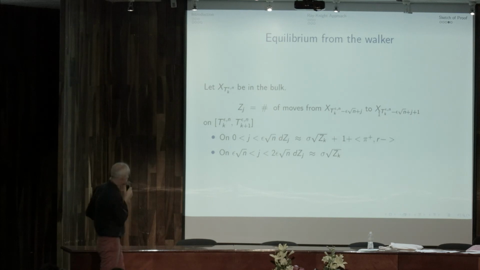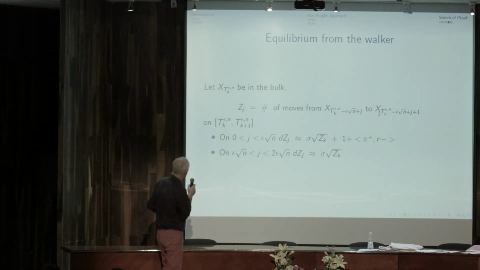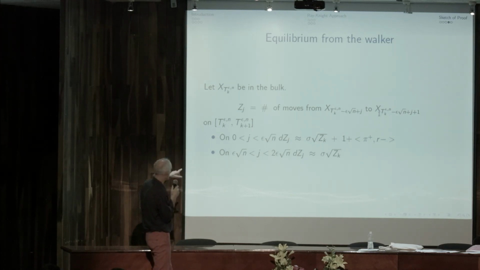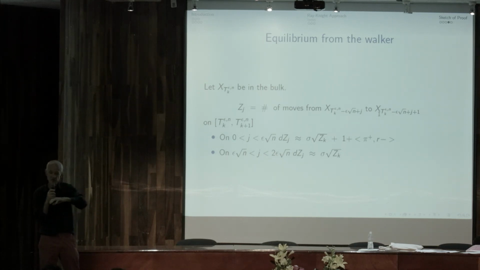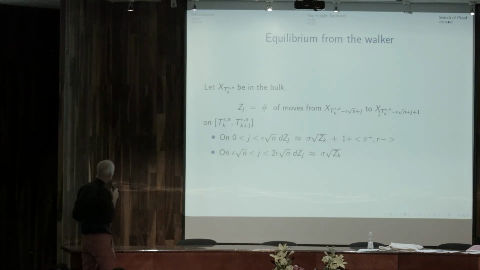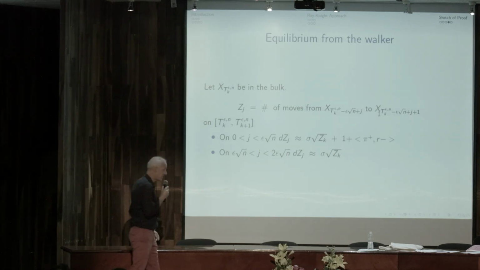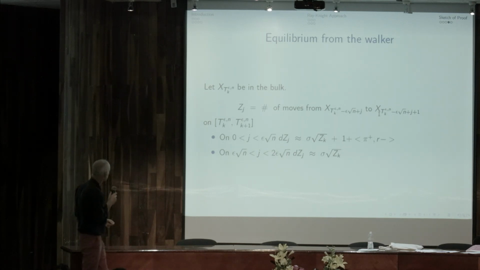So if I'm, as I call it, in the bulk, I can look at the local times, meaning the number of jumps you've made. I can look at the process starting from x at the kth stopping time, and I look at the number of jumps you've made from a site to the right.